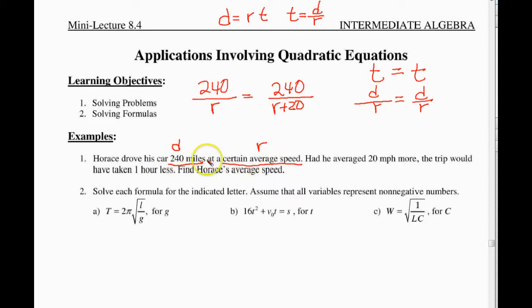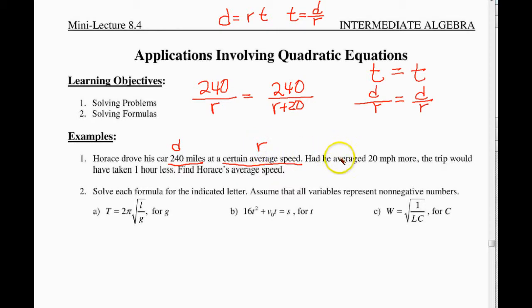Now let's just work with this for a moment. We notice the formula we're going to be using here is distance equals rate times time. So here we have the distance. We don't know the rate, but we're calling that R.